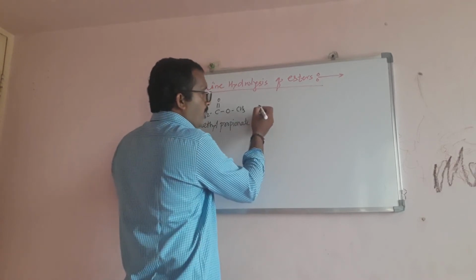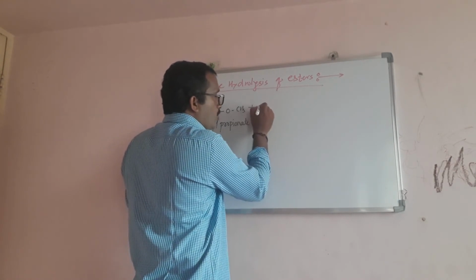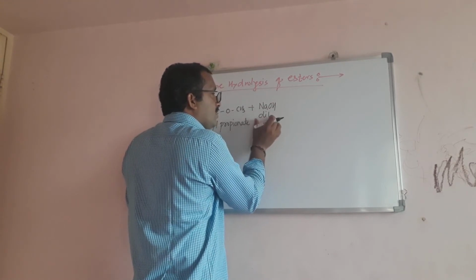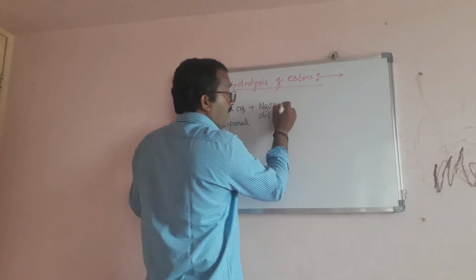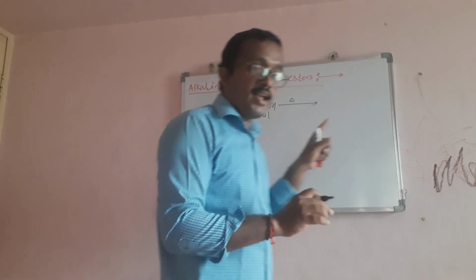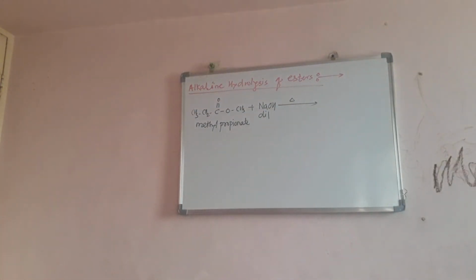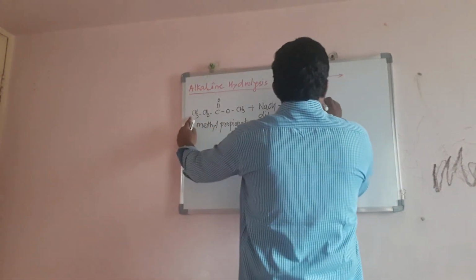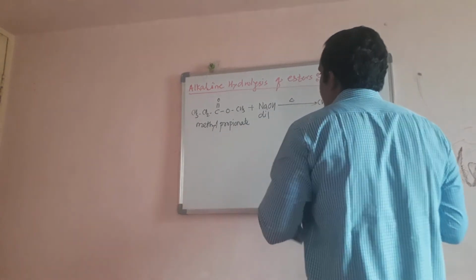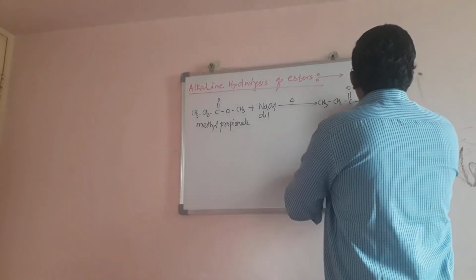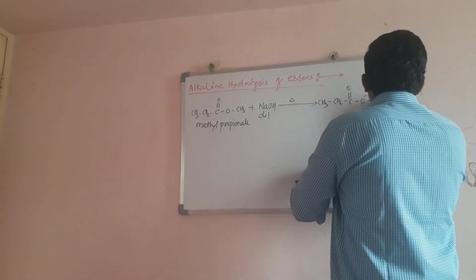This methyl propanoate undergoes hydrolysis with dilute NaOH, the alkali. On heating it forms the corresponding salt, CH3CH2C double bond O O minus Na plus.